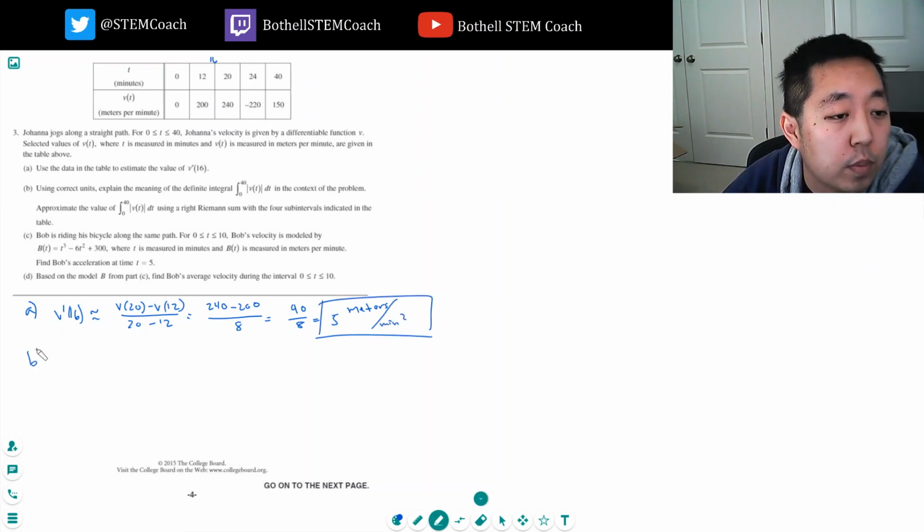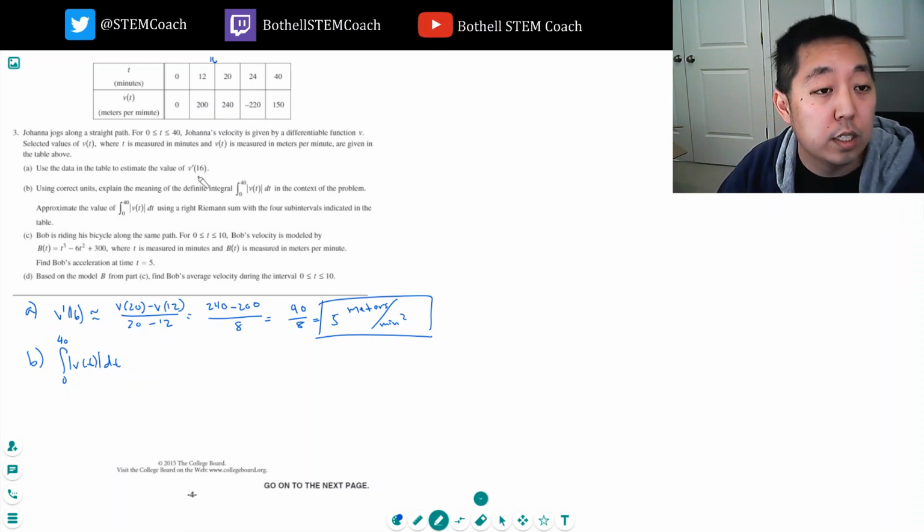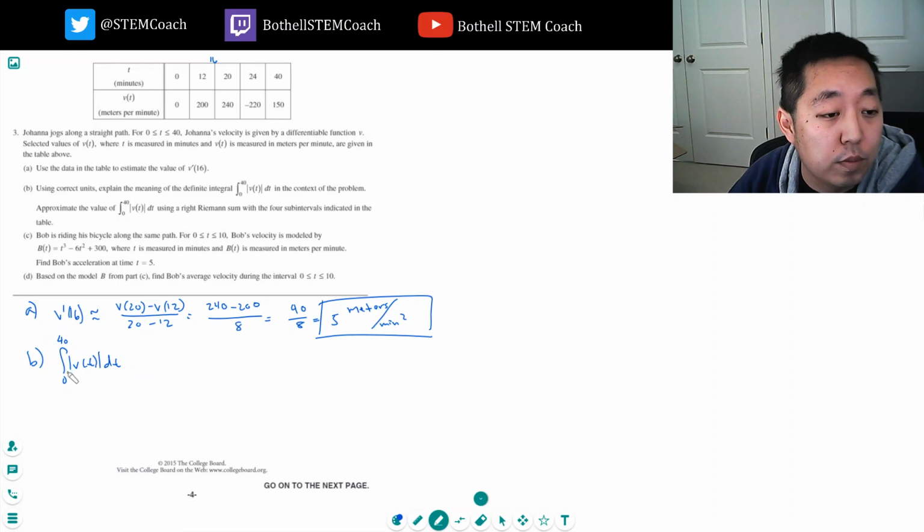Using correct units, explain the meaning of the definite integral from 0 to 40 of the absolute value of v(t) dt in the context of the problem. In this context, the absolute value of velocity is speed, and so over the 40 minutes, the integral of the speed is the distance traveled.